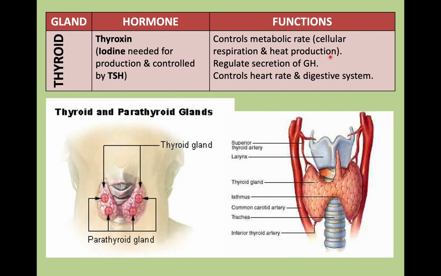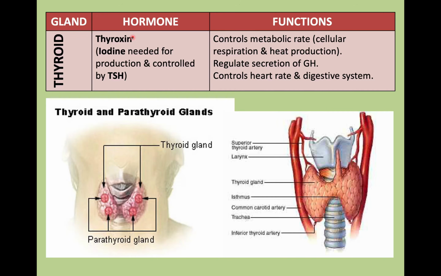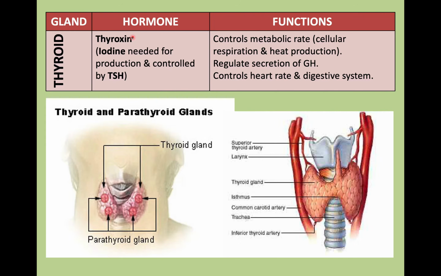Now, children, thyroxin is very important because it affects every cell of our body except the cells in the brain as well as parts of the reproductive system. But everything else it affects. Its function is to stimulate enzymes that are used in our respiration.